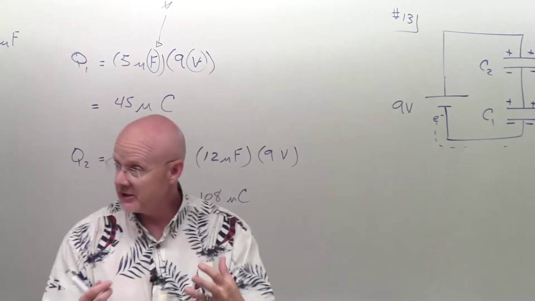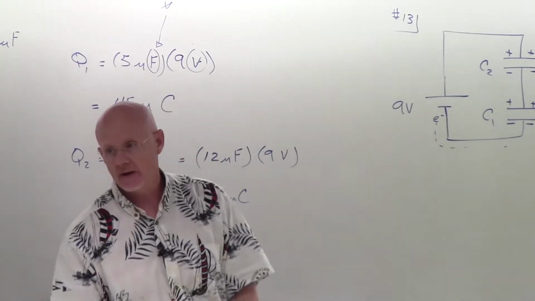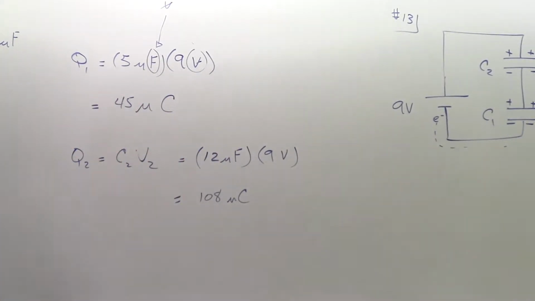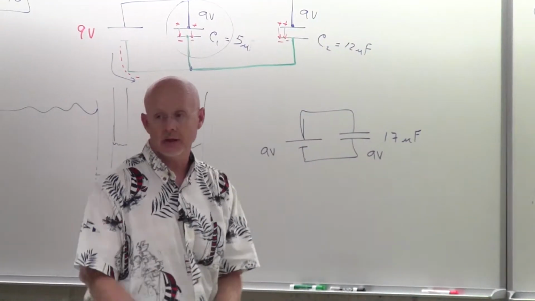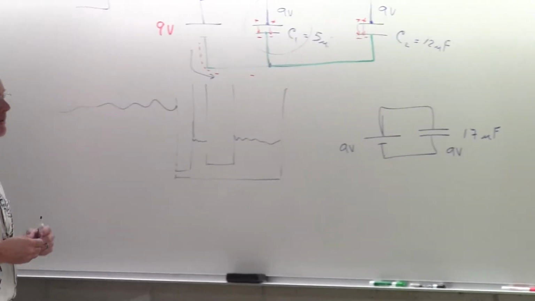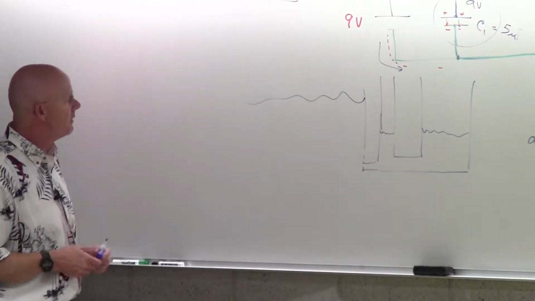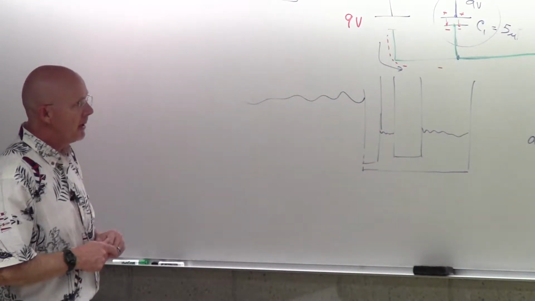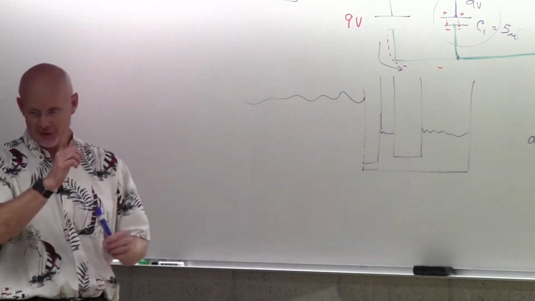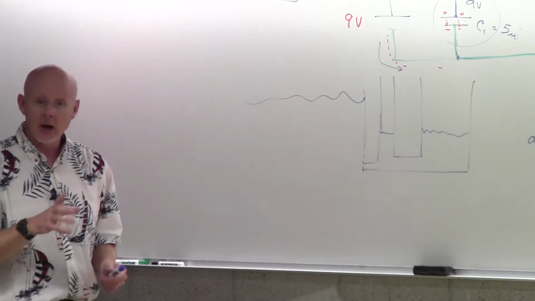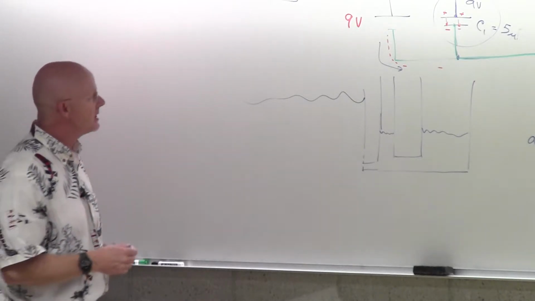And we get different phenomena because of it. That's why you have to recognize what is a series circuit and what is a parallel circuit. For many of you, this is the first time you've seen series and parallels. Others of you, this is old hat. But for many of you, it's the important skill to learn before Thursday when you look at something and go, okay, is that in series or is that in parallel?